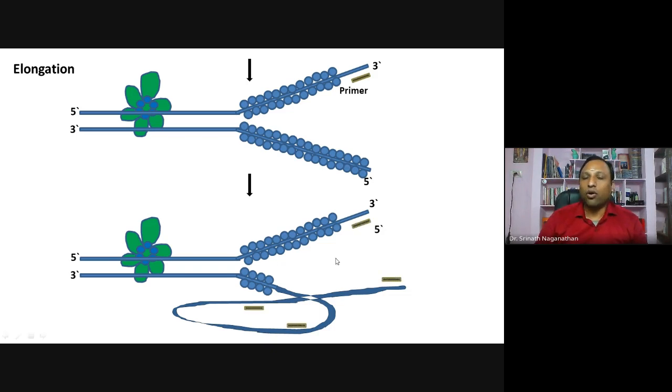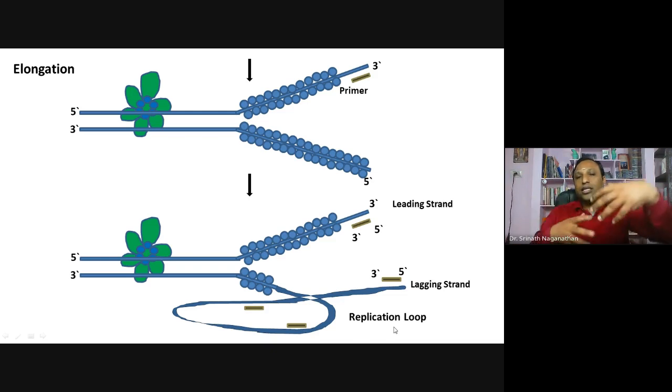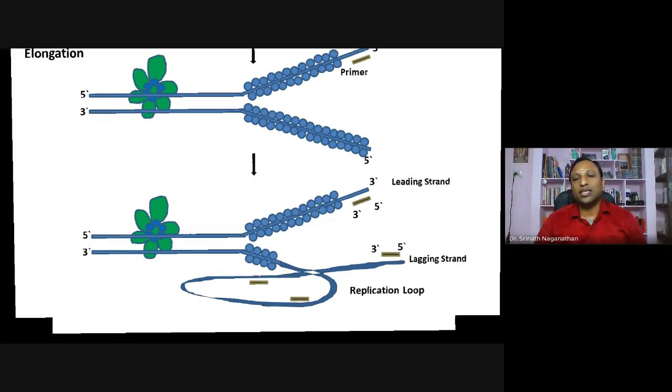In this strand also, primase binds and adds the primer at a different location. Now this is our leading strand and this is our lagging strand, which is having the replication loop here. Once the polymerase is bound, they can move to and fro, and they can produce the particular strand.